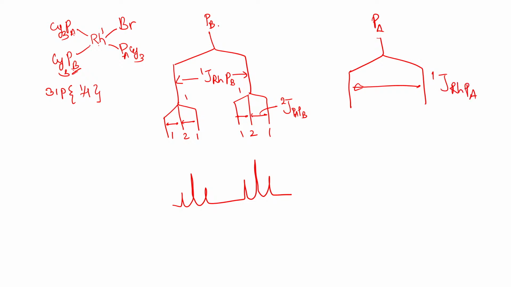So now only one is there, each one will be split into a doublet, because of this PB here. 1:1, 1:1. So this space, whatever is there, is called 2J PA PB. You remember this, whatever the space I have given here, and this is the same as this space here.